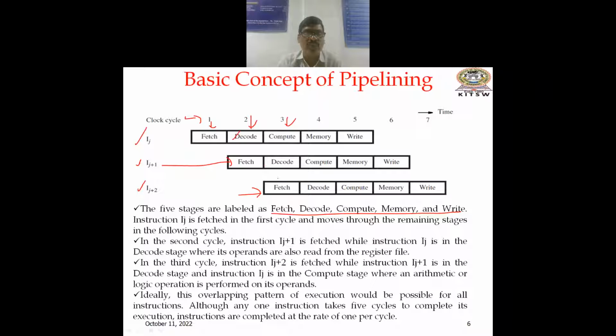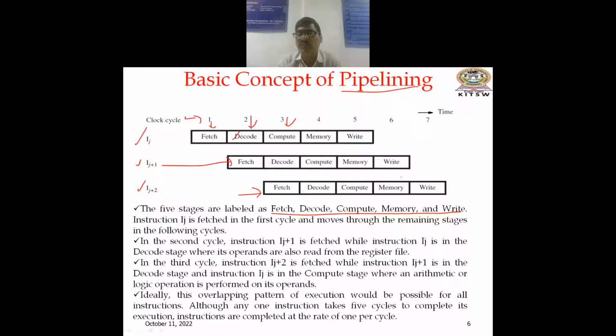So this is how ideally the execution of these instructions is overlapped. During clock cycle 3, all the three instructions are executing in a concurrent manner in different stages. This type of execution of instructions in a concurrent manner is called the pipelining concept.